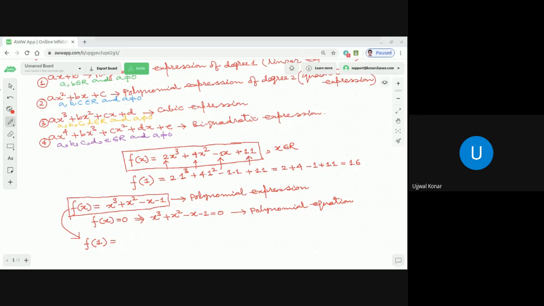So, as you see, the value of f(1) is equal to 0. So what can we say? From here we can say a few things. 1 is a root of the equation f(x) equal to 0.